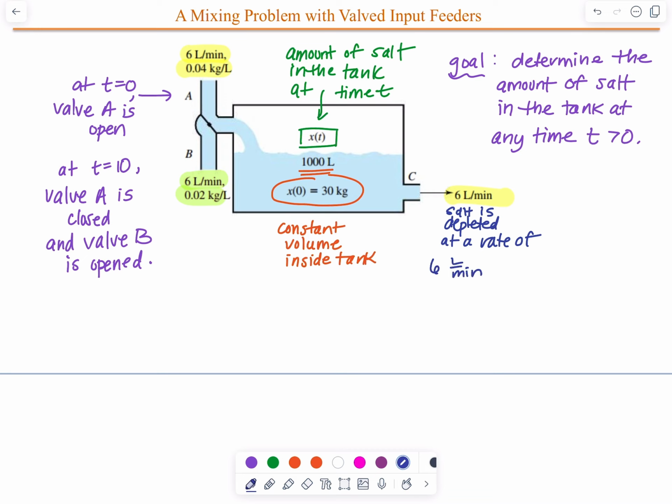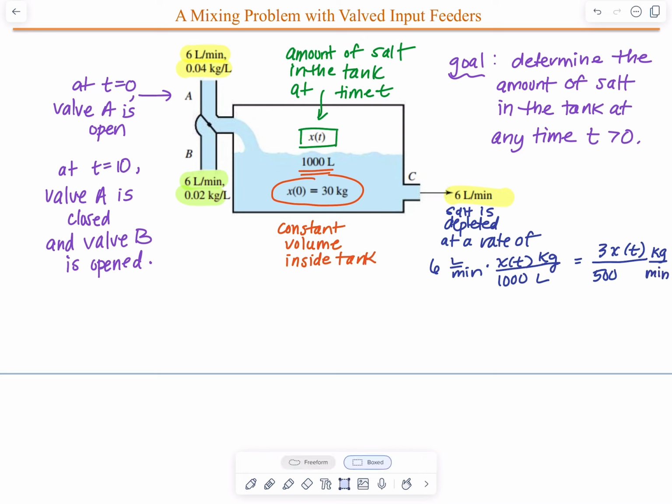And then, of course, we have x of t divided by 1,000, and that would be x of t kilograms of salt per 1,000 liters. So that's how we would come up with 3x of t divided by 500, and that would be kilograms per minute.